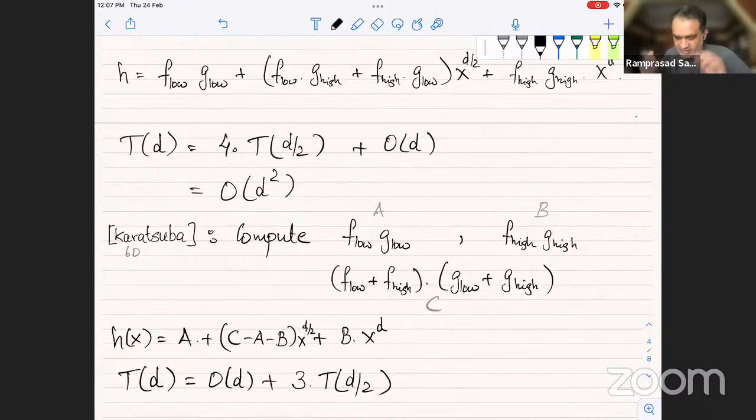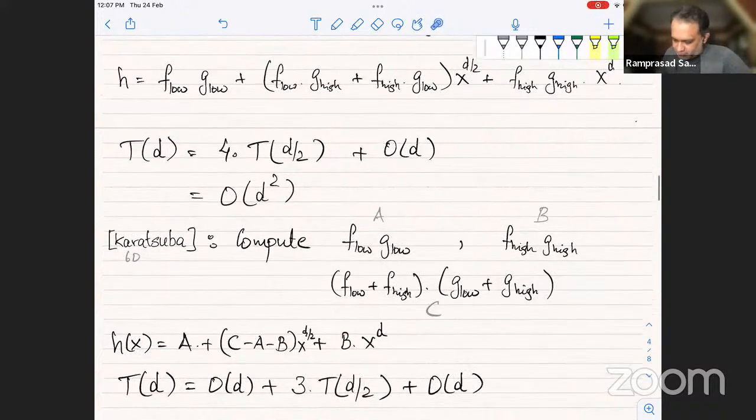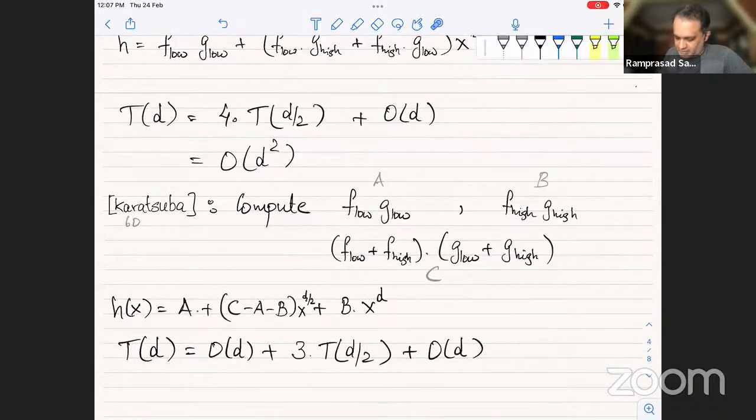Then there are 3 recursive calls to multiplication. And then there is another order d operation to compute c minus a minus b. So the recurrence is order d plus 3 times t of d over 2 plus order d again.